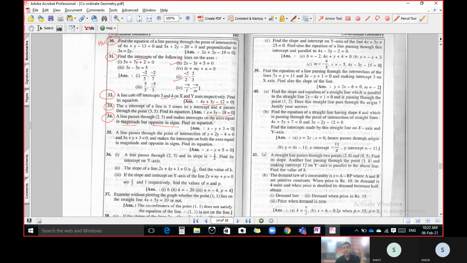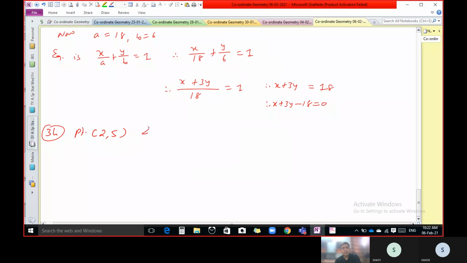Magnitude means their values are the same but opposite in sign. So if the intercept on the x-axis is 3, then on the y-axis it is minus 3. But we don't know whether it's 3 or what. Only one thing is given: the intercepts on the axes are equal in magnitude but opposite in sign. So what is the relation between a and b?